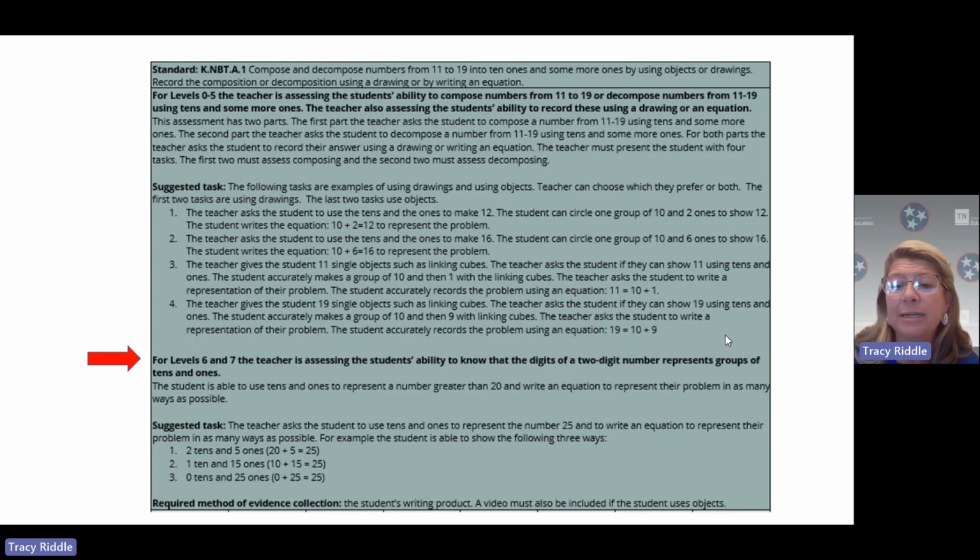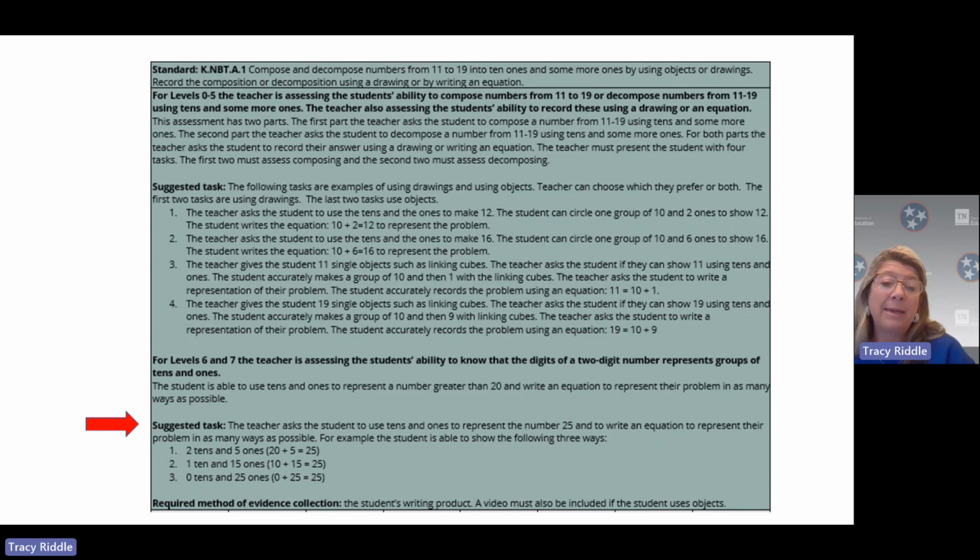In first grade, the teacher is assessing the student's ability to know that the digits of a 2-digit number represent a group of tens and a group of ones. So the student is able to use the tens and the ones to represent a number that's greater than 20 and to write an equation to represent that problem in as many ways as possible. So how many ways can the student make that number? So the suggested task shows you one way a student may represent 25.